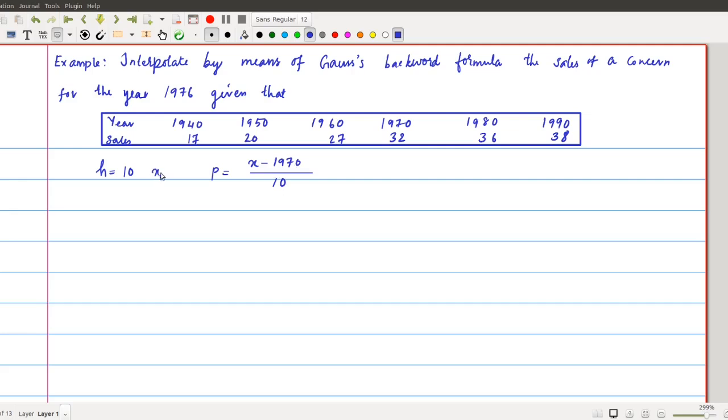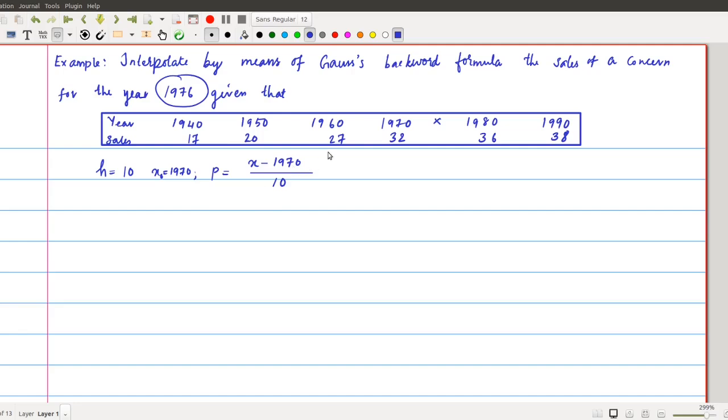This x naught is equal to 1970, because we need to interpolate the value at 1976, that comes somewhere here. So we set x naught as the x value just before 1976, so that is 1970. Using this fact we define p equal to x minus 1970 divided by 10.